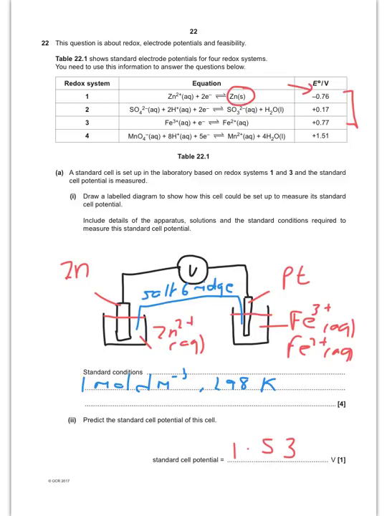So that one wants to go that way and become oxidized, lose electrons. Conversely, they then want me to find out the strongest oxidizing agent. The strongest oxidizer is going to be MnO4 minus, because that's the most easily reduced. It's got the most positive E value.